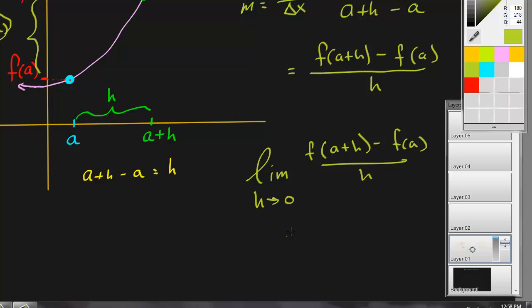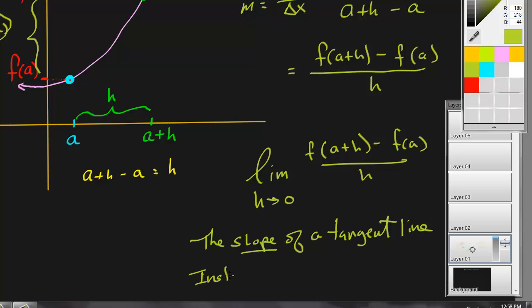This is how you find the slope of a tangent line. Now remember, the slope of the tangent line. This is the slope formula in disguise right here. It's also known as the instantaneous rate of change.